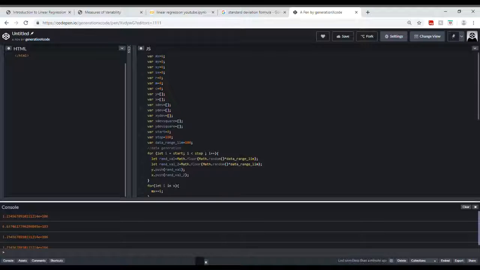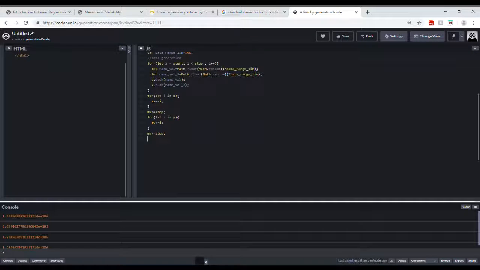X deviation. Now we got the mean of x, so we can find the x deviation. For let I in x. So smart move, that's a really smart move.